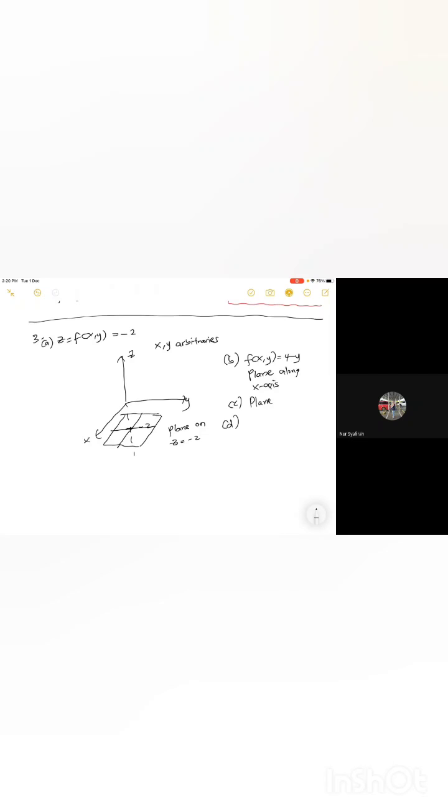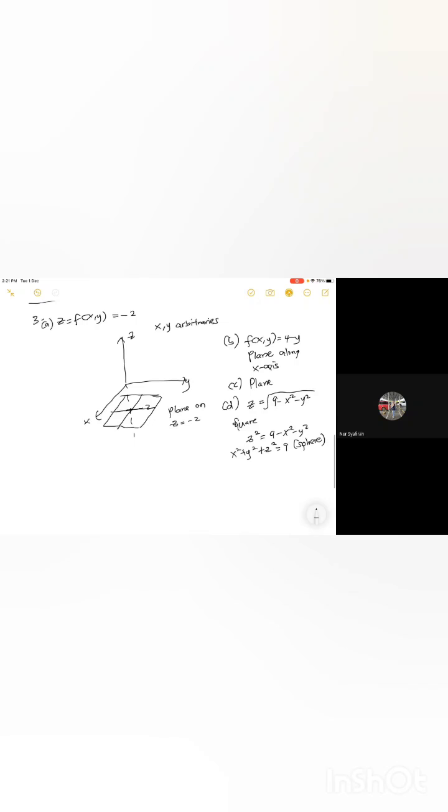D is actually half of a surface because it is a square root, right? So z equals the square root of 9 minus x squared minus y squared. So half of a surface. Which half? Then you have to square first. So we'll have z squared equals 9 minus x squared minus y squared. If we arrange the equation, I will have x squared plus y squared plus z squared equals 9. So the whole surface is actually a sphere.